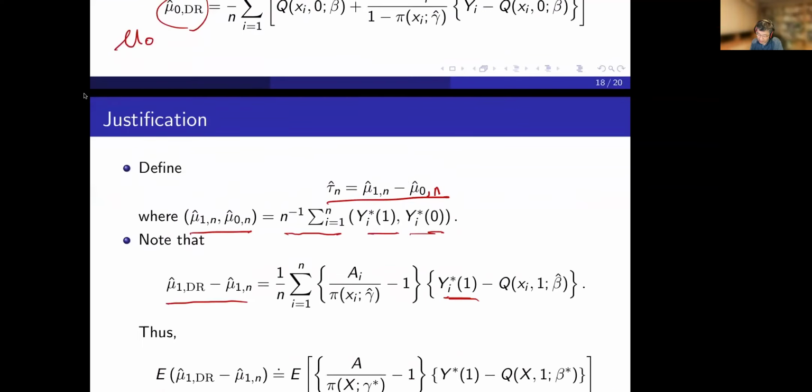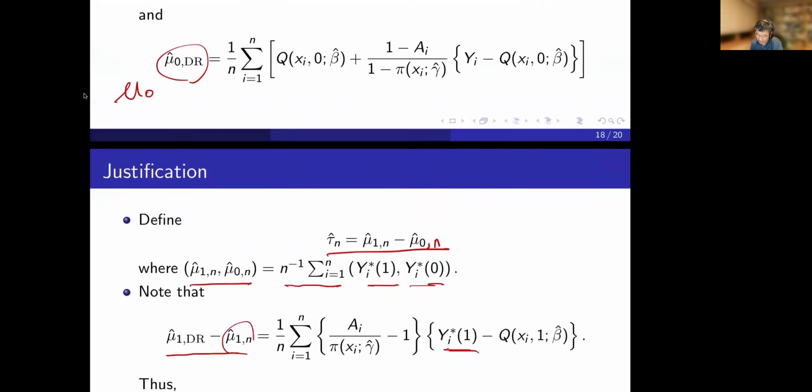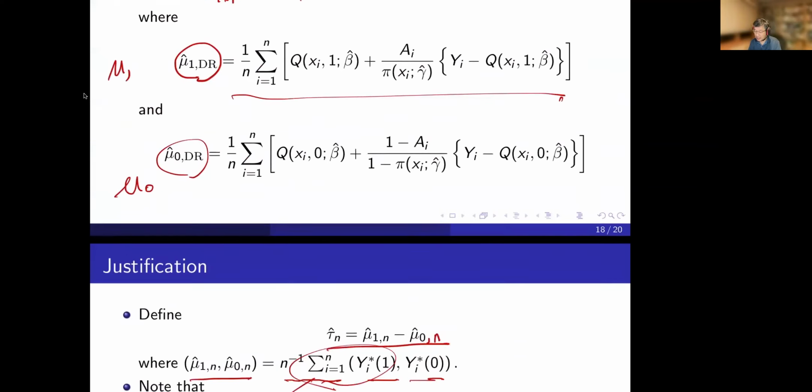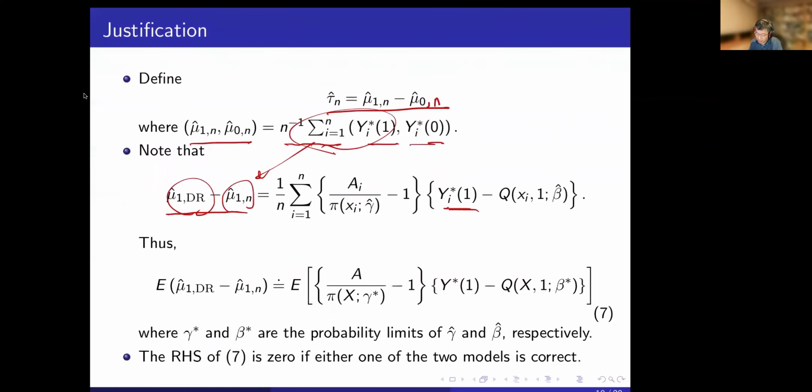And then with the algebra, this guy is this guy, and this guy is here. Then combine the two, you obtain this one. If you take the expectation, this is actually not trivial, but you can do some Taylor expansion argument. So at the end of the day, this will converge to its limit.